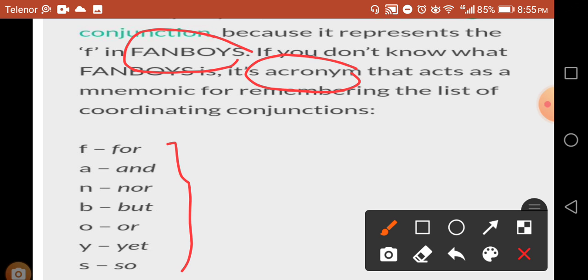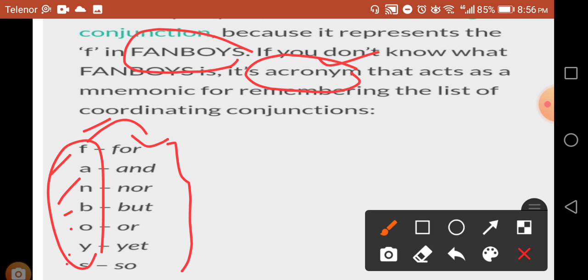Now what is an acronym? An acronym is an abbreviation formed from the initial letters of other words and pronounced as a word. Here you can see FANBOYS. This is called an acronym. An acronym gives us one complete word.